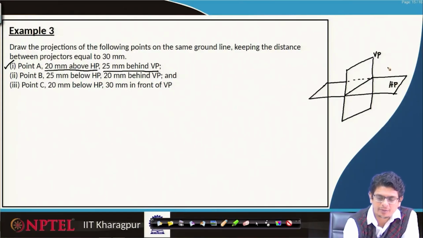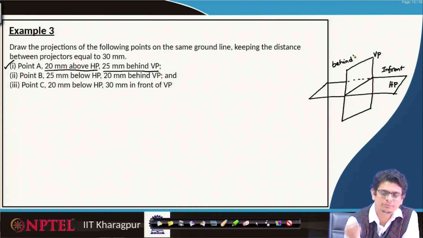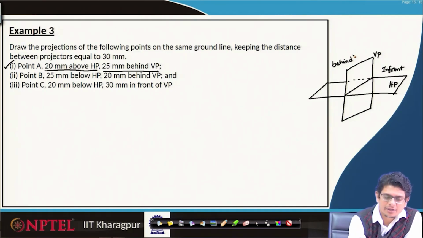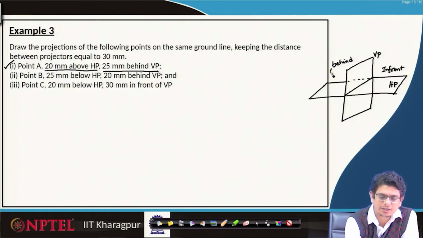Above 20, it can be here, it can be there, but it is 25 millimeters behind vertical plane. So, in front of vertical plane is this, let us make it in front, and this is behind. If that is the case, point A will be somewhere here. Let us call it point A, which is 25 millimeters behind VP and 20 millimeters above HP.